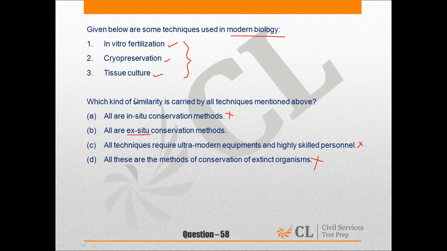So over here, by these means, in vitro fertilization, cryopreservation or tissue culture, we are going against the natural laws and slowly trying to develop any species of desired concern by using these techniques.